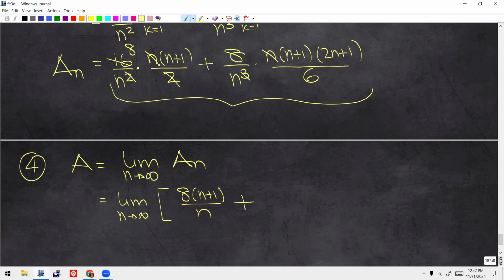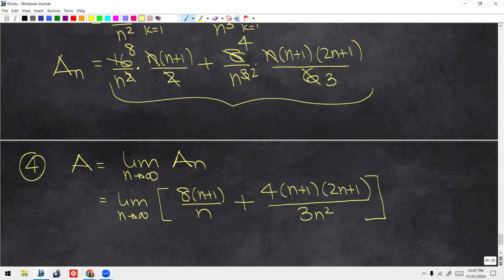One of the n's will cancel, right? And this 6 will become a 3, and this 8 will become a 4. So we get 4 times n plus 1 times 2n plus 1 over 3n squared. You guys agree? We just cleaned that up.